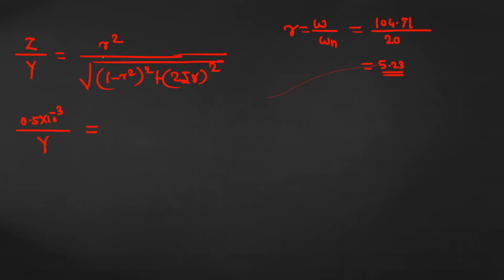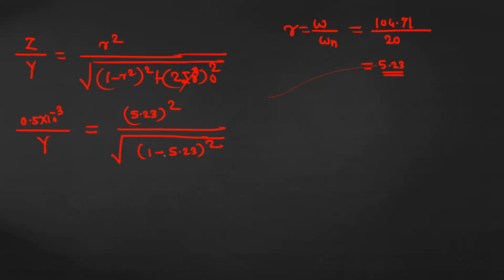In this formula substitute the value R as 5.23 square upon, as zeta is 0, the second term will be 0. So in the bracket this will become (1 minus R square) bracket square. So this is 1 minus 5.23 square.